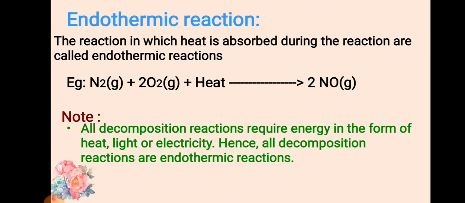Means nitrogen combines with oxygen, it gives nitrogen monoxide, where heat is consumed. This we call an endothermic reaction, where nitrogen gas combines with oxygen gas along with heat and gives nitrogen oxide as a product. It is an endothermic reaction where heat is involved.